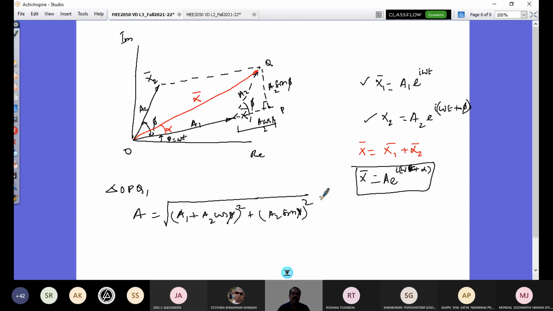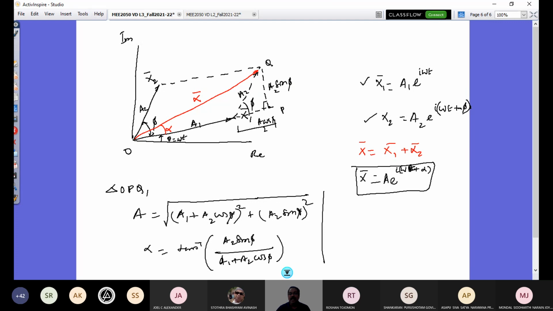So that's going to be my A, and alpha here would be tan inverse of opposite side A2 sin phi by adjacent side A1 plus A2 cos phi. See how nicely your parallelogram law helps us here.